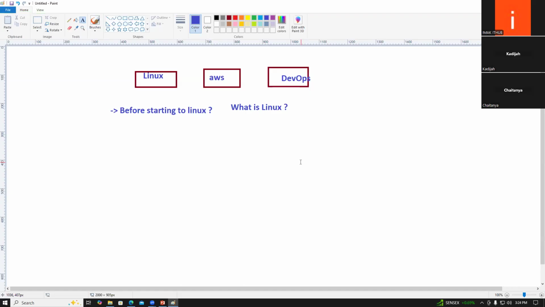No, it's not a web server. I know the web server has Linux, so it's a program. It's not a program. Now you will know today what is Linux.